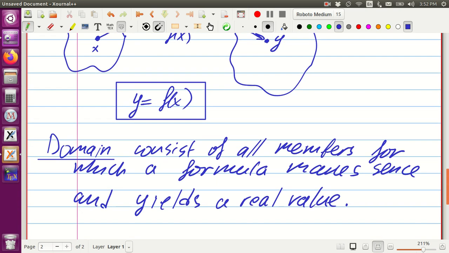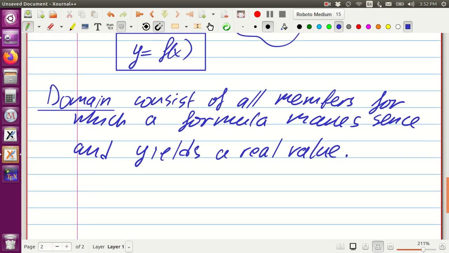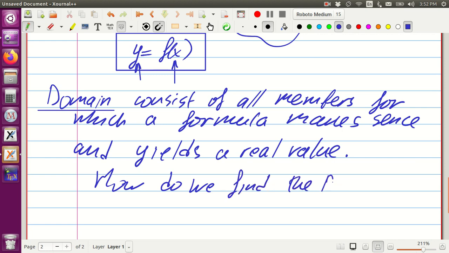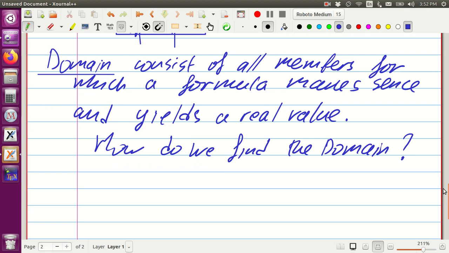So basically, whatever makes sense, and you can plug into this f of x and get some value for y, this would be the domain. So how do we find the domain? That's the next question to discuss.